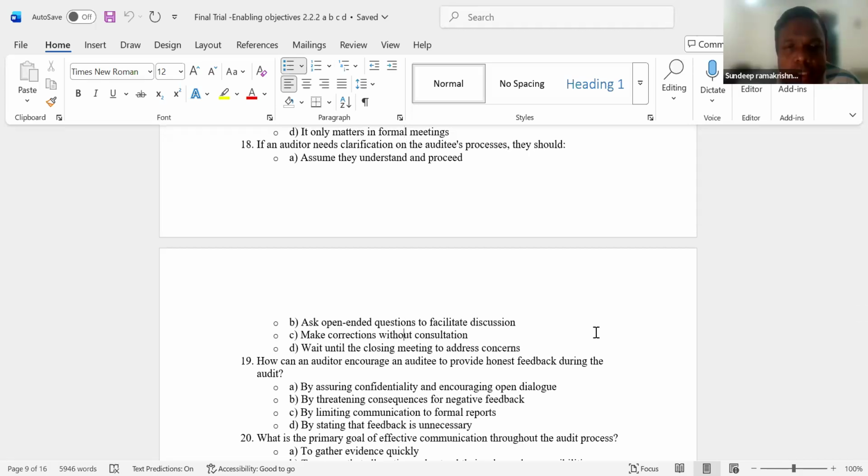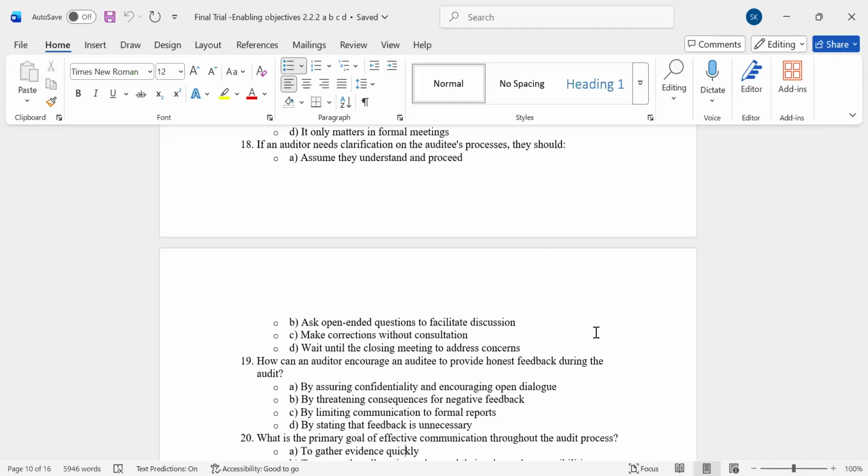Good, Shashikanta Mahanta. 19th question. How can an auditor encourage an auditee to provide honest feedback during the audit? A, by assuring confidentiality and encouraging open dialogue. B, by threatening consequences for negative feedback. C, by limiting communication to formal reports.